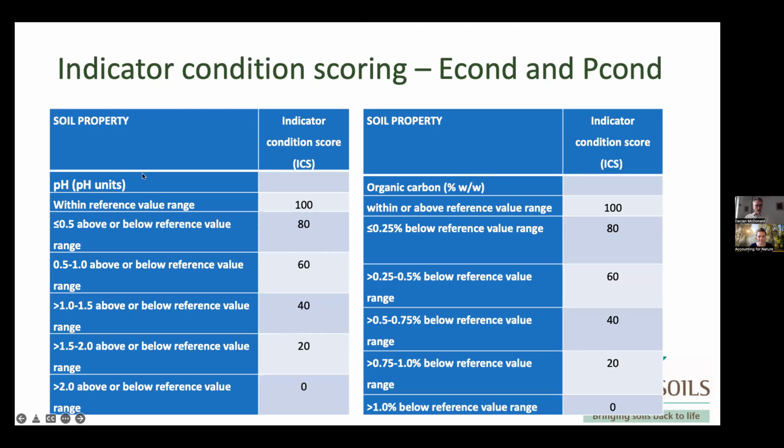For pH, we've defined what the reference value range needs to be, and for agricultural soils, to give you a simple example, we've got a general range of between 5.5 and 7.5. And these are the most commonly accepted values of acceptable levels of pH for a broad range of agricultural production.